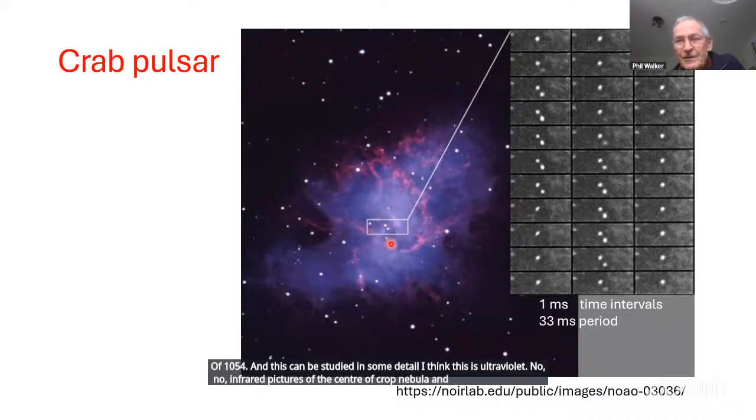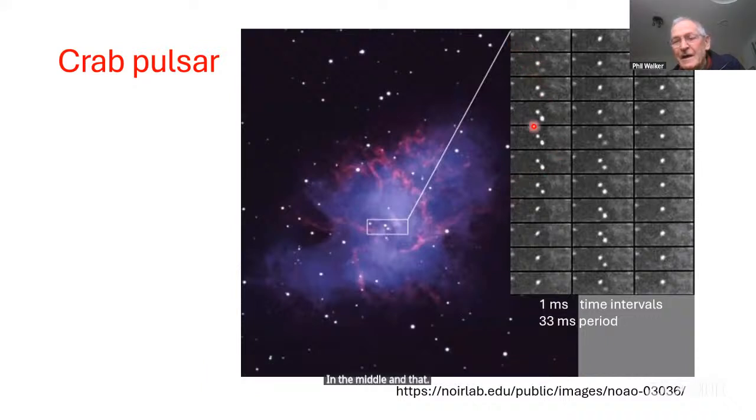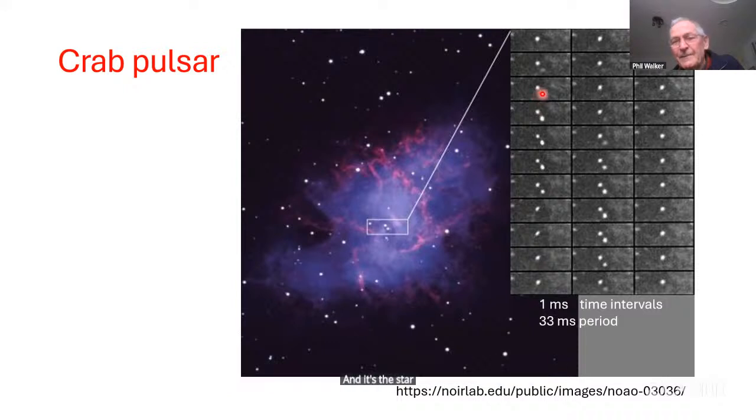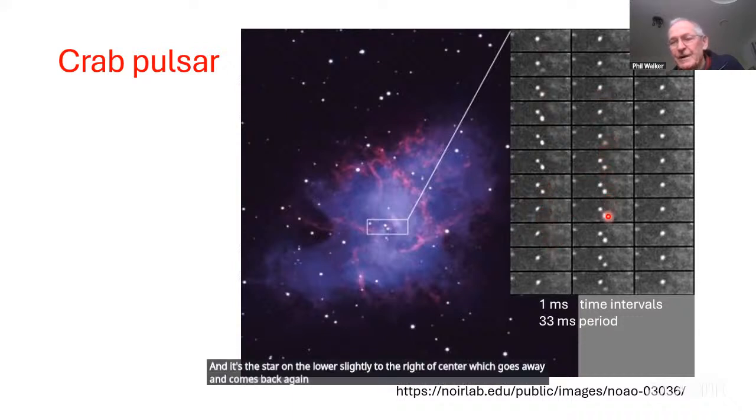And you can see three stars in the middle, and they're shown here every millisecond, and over a period of 33 milliseconds there's a complete cycle of intensity variations, and it's this star on the lower, slightly to the right of center, which goes away and comes back again, and this is the pulsar that's rotating with a period of 33 milliseconds.